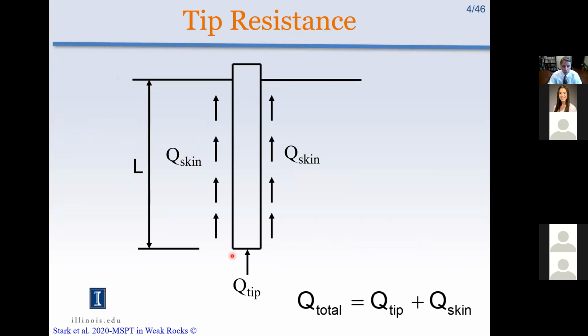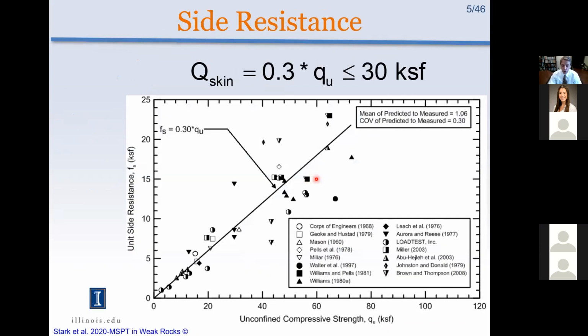We use the tip resistance here at the bottom and the skin resistance. We add those two together to get the total capacity of the drilled shaft, tip and skin. And here's the way we calculate skin resistance. I want to highlight that we need this unconfined compressive strength of the rock to estimate the skin resistance by multiplying by 0.3.